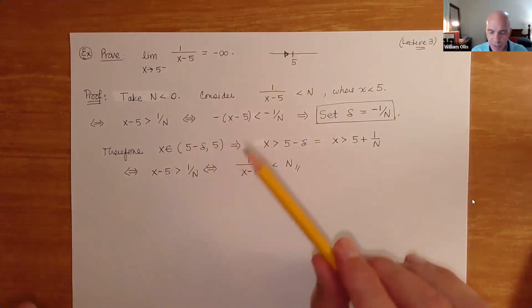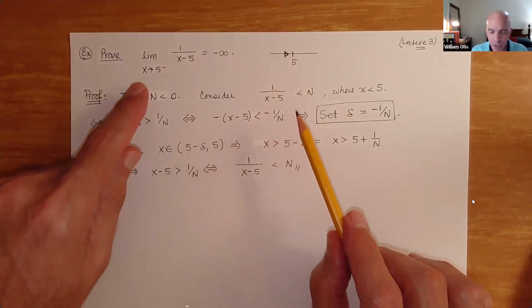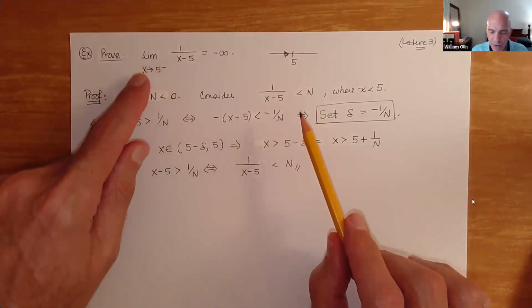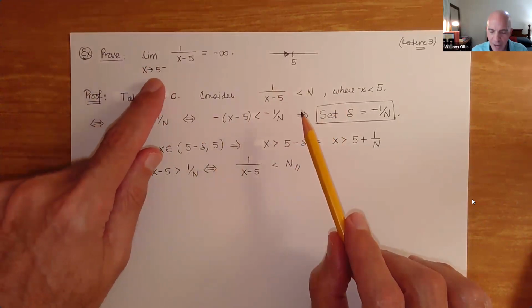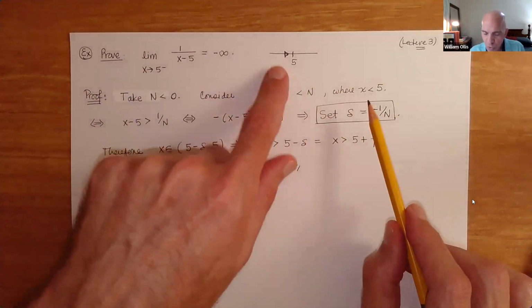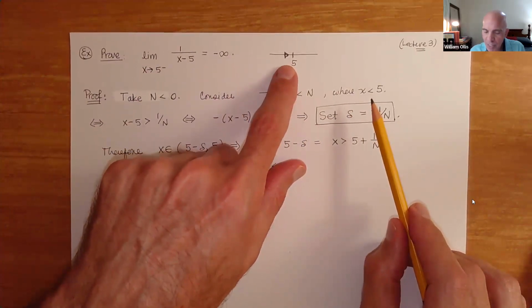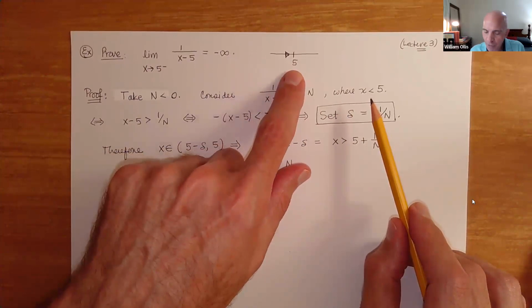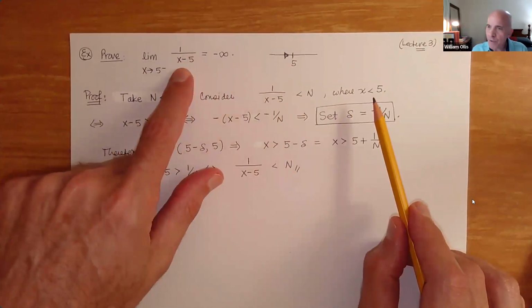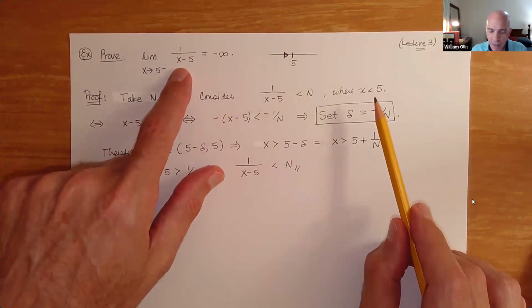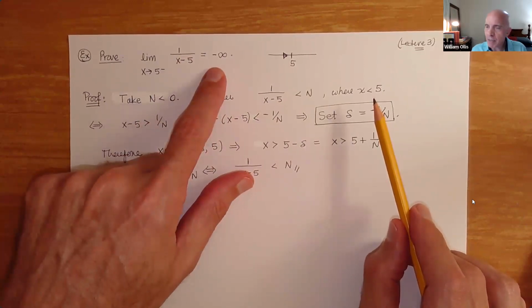So for instance, if you look at this particular function, you have the limit as x approaches 5 from the left, and I've just written here approach from the left. So now what you can see is as you approach 5 from the left, the values of the function are clearly less than 0. So you're thinking, yeah, that would have to be negative infinity.